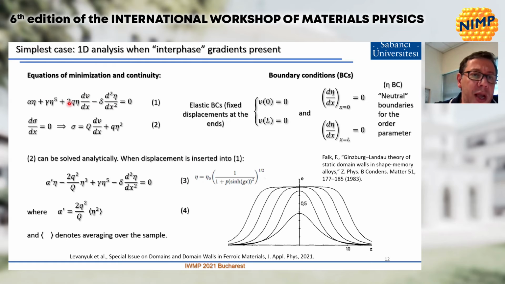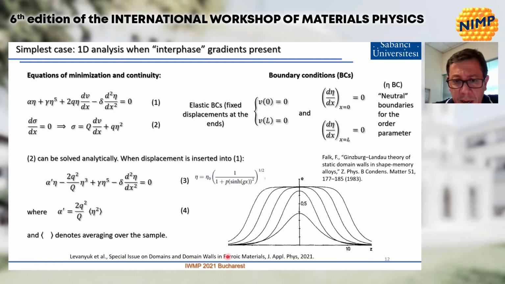So we took the equations of minimization and continuity, which is a one-dimensional stress equation, in fact, and found that such a form has a solution already published by Falk in the 80s, and this is the form. So we can take one of these curves, for instance, as a profile for the solution of eta when you're transitioning from the low symmetry region to the high symmetry region.